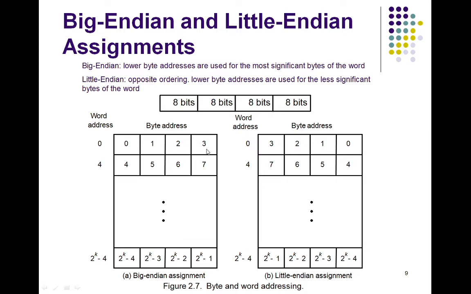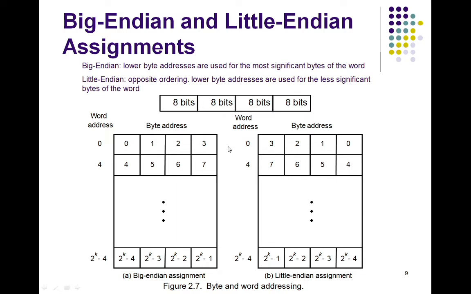So these are the byte addresses, that is 0, 1, 2, 3. In case of big endian assignment, if the lower byte address is used for the most significant byte or the most significant position of the word, then it is known as big endian assignment.